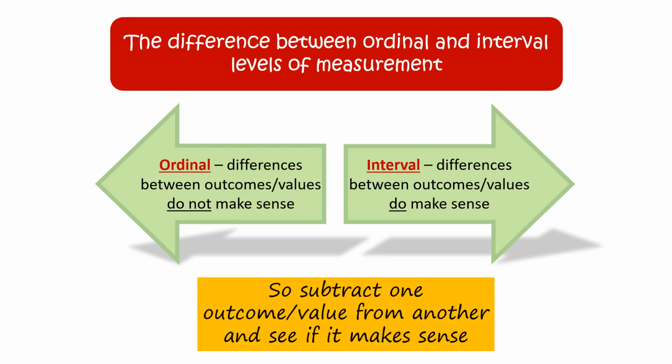So as a test, just subtract one outcome or value from another and see if it makes sense. Then you will be able to tell whether this is of an ordinal or an interval level of measurement.